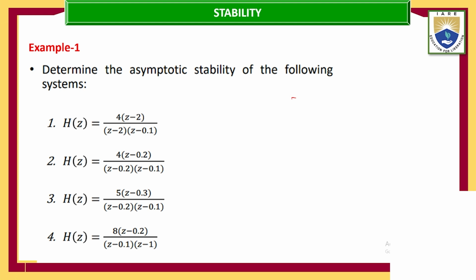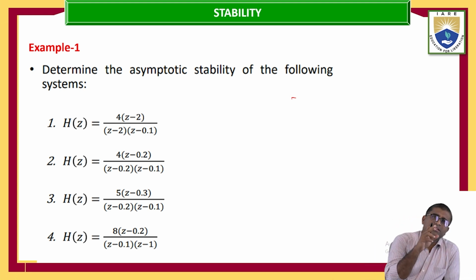Here, in the numerator part, that is the zero section, z equal to 0.2. And coming to the denominator part, that is the pole section, z equal to 0.1 and z equal to 1. Substitute this into the above.